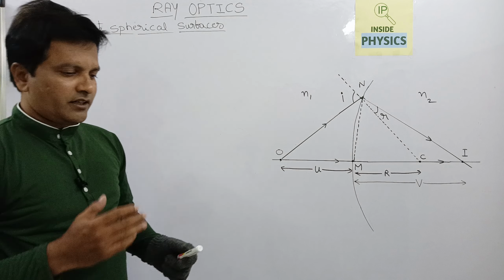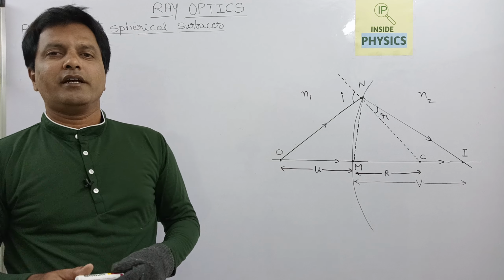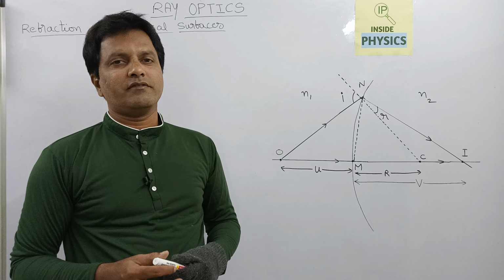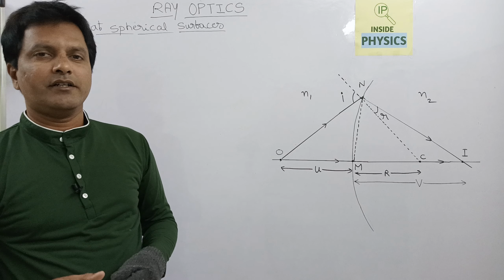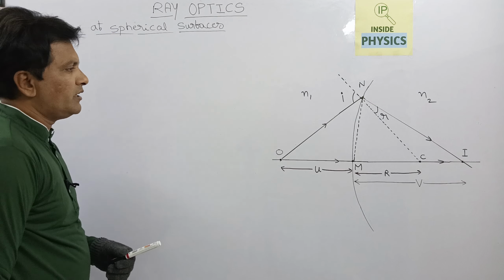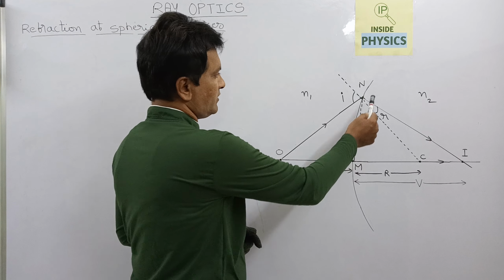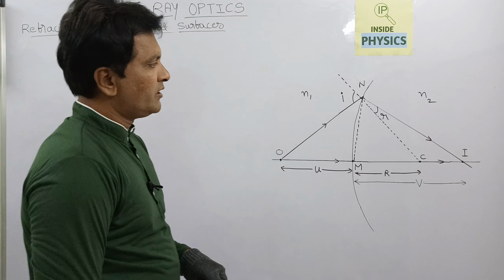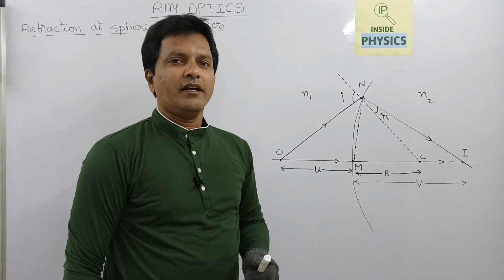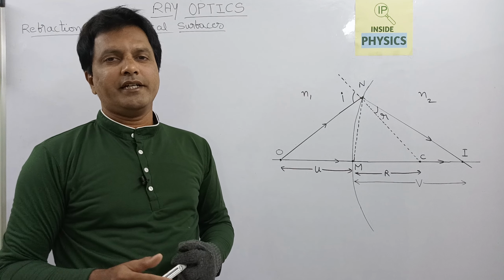See, the laws of refraction can also be applied to the spherical surface or curved surface, as we have already applied to plane surfaces. Now we have taken a curved surface. The refraction, that means the bending of light ray at the interface of two mediums.